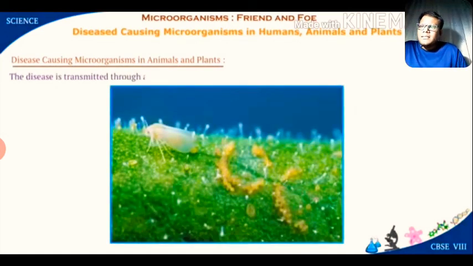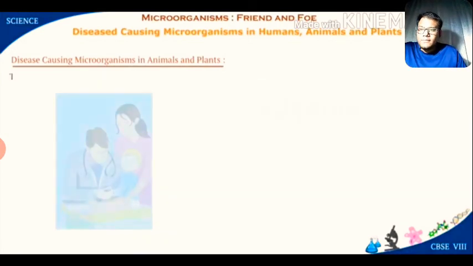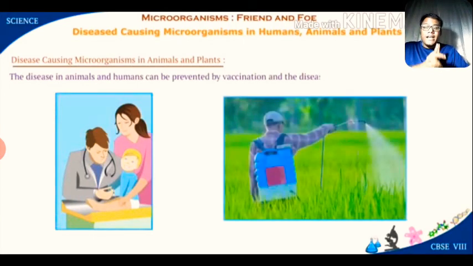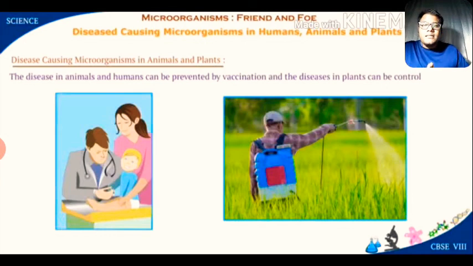The disease is transmitted through an insect. Diseases in animals and humans can be prevented by vaccination, and diseases in plants can be controlled with the help of chemicals.